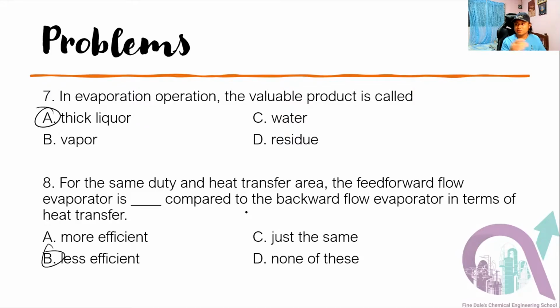As you move on to the evaporator or the heat exchanger, we favor counter current flow. Why? Because the heat transfer area will be lower. Meaning the heat transfer is more effective in counter flow than co-current flow.